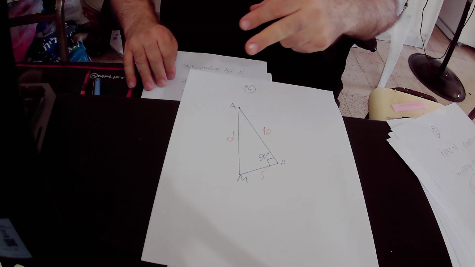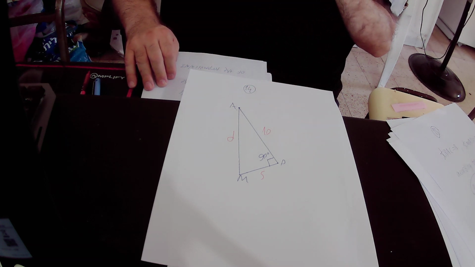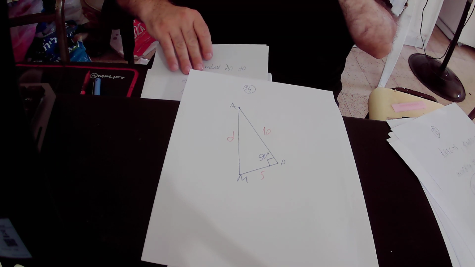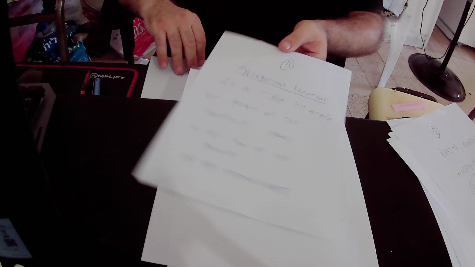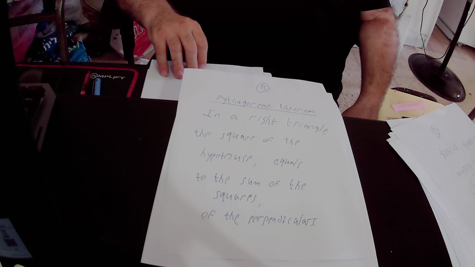So I marked it as D, the abbreviation for diameter. And we have the Pythagorean theorem, which states that it applies only to right triangles.